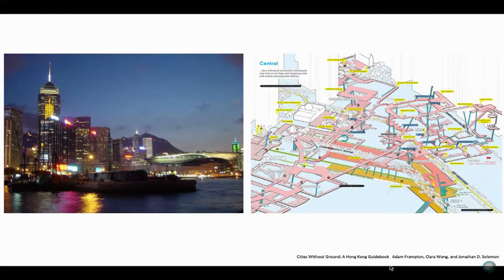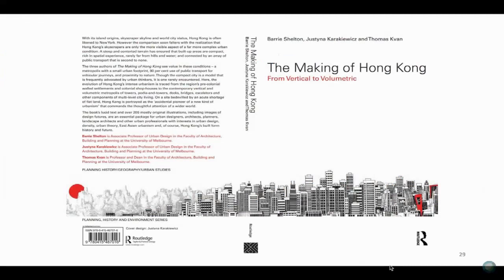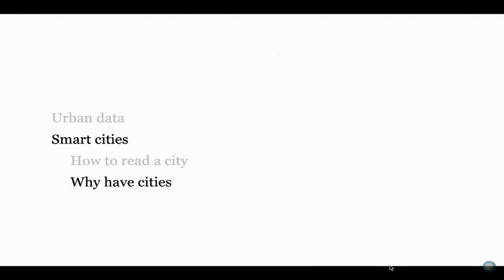When you start breaking down Hong Kong into the way that buildings are interconnected and the spaces are interconnected, not only geometrically, but in time, you realize that Hong Kong is not 2 or 2.5 or even 3-dimensional. It's a 4-dimensional city. That was a subject of the book that I mentioned earlier, Making Hong Kong: From Vertical to Volumetric. And it was what I wanted to introduce there then.